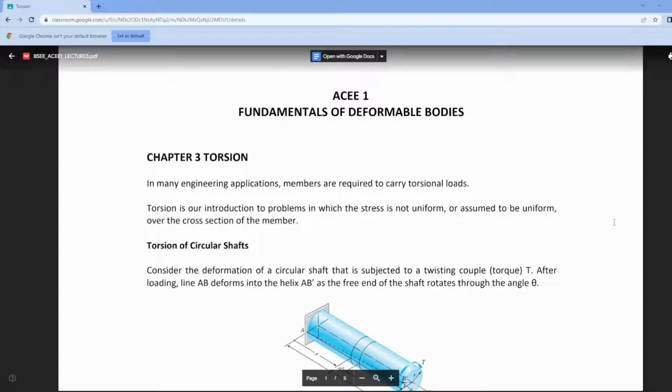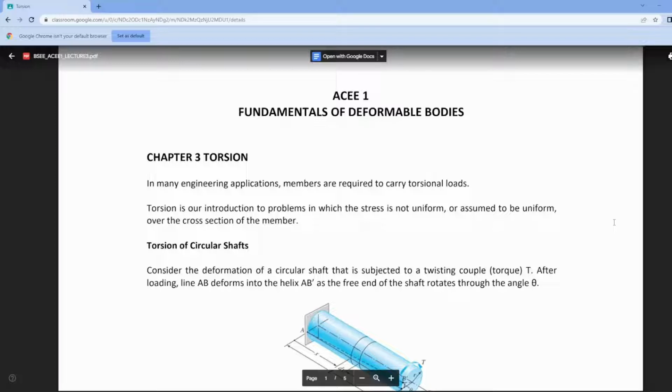So what is torsion? In many engineering applications, members are required to carry torsional loads. Torsional loads, these are twisting loads. The loads that we encountered before are just push and pull, right?